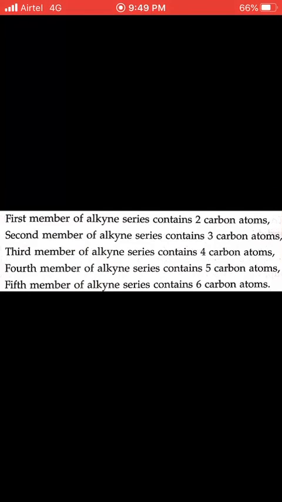For alkene, it is CnH2n, and for alkyne, it is CnH2n-2. These are the general formulas of alkane, alkene, and alkyne, and a homologous series can be in ascending or descending form, but the difference between members should be CH2.